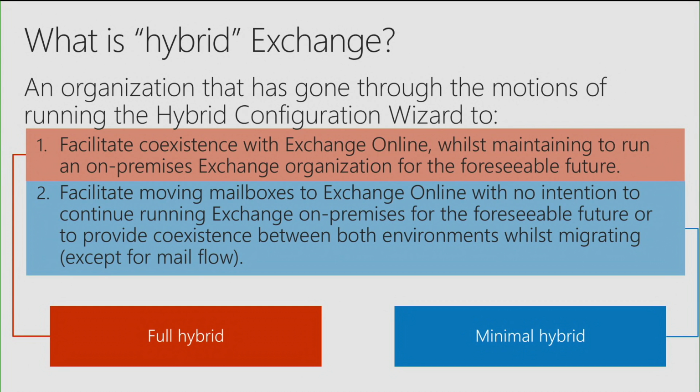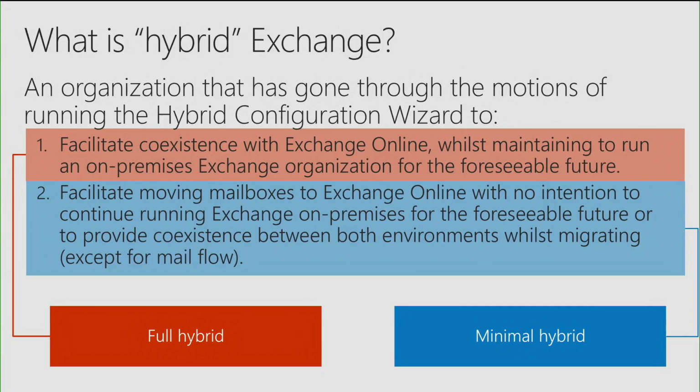And so really that minimal hybrid option is used to configure a solution that allows easy onboarding of mailboxes, regardless of the size of the organization, with the idea that once those mailboxes are migrated to Office 365 and Exchange Online, the hybrid configuration will go away or won't be used for coexistence.